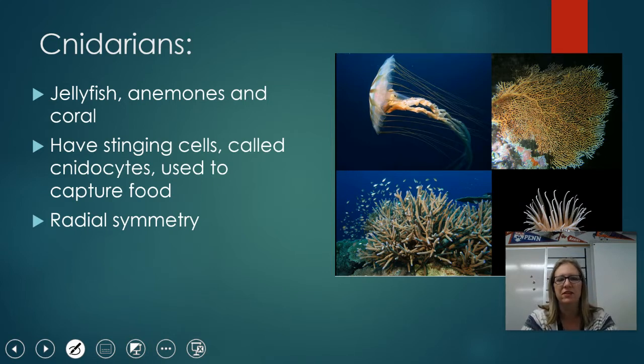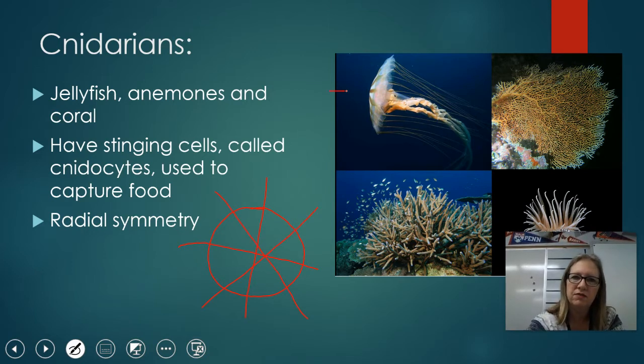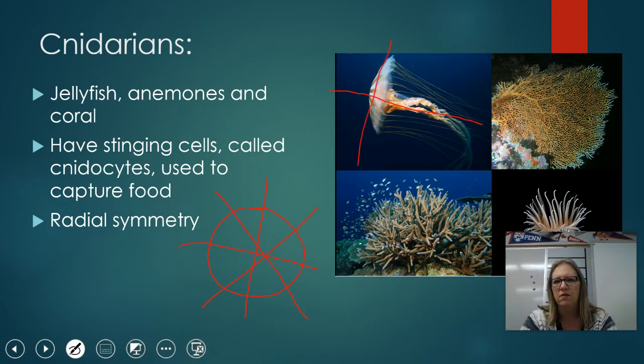That's why they're called Cnidarians, and they use those to help them catch food. And most of these Cnidarians have radial symmetry. Remember, that's kind of circular creatures that have multiple lines of symmetry. Okay, so you can kind of see this jellyfish up here. You could cut it multiple ways, kind of top-down view of that and still have that symmetry.